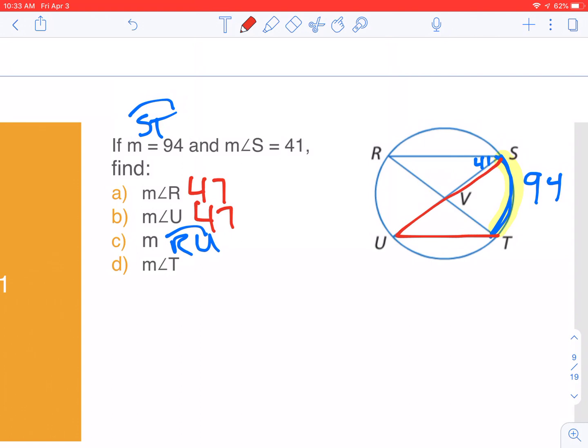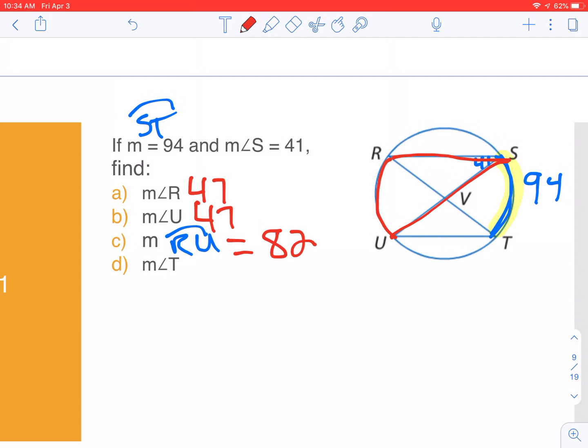Okay, now we're going to go the other way. It says find arc RU. Well, what angle does that correspond to? That corresponds to angle S, which is 41. So I'm going to take my 41 times 2, and this will equal 82.